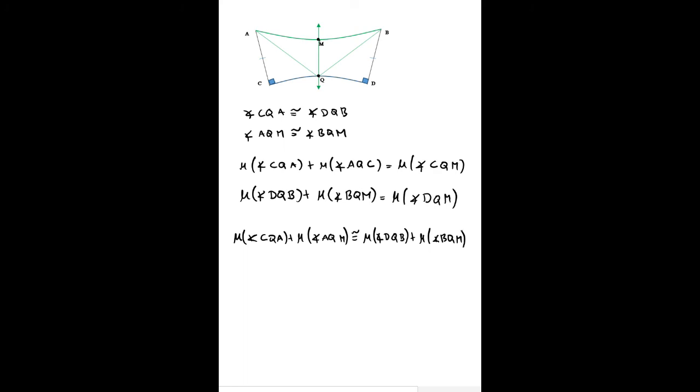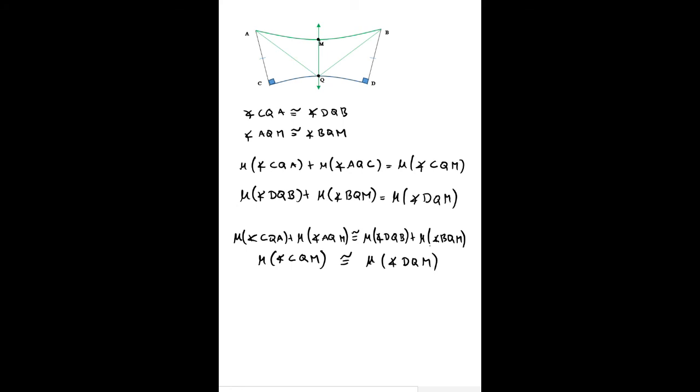And now by substitution, we have that the measure of angle CQM is congruent to the measure of angle DQM.